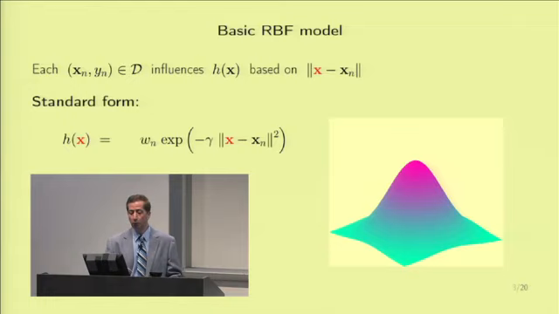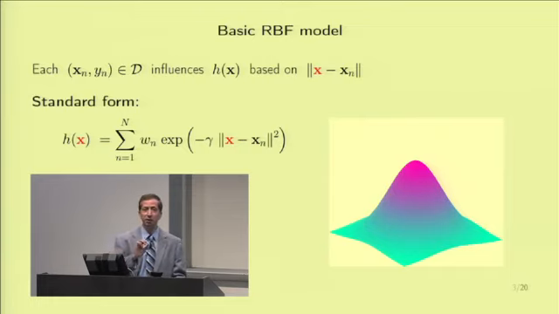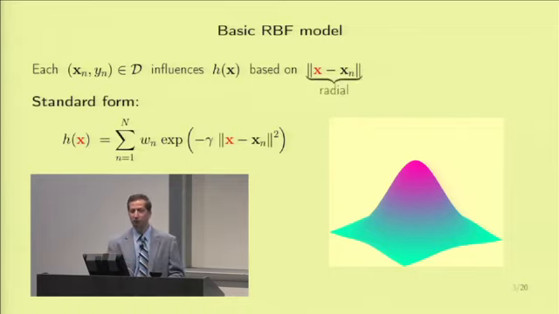And then we will sum up all of these influences from all the data points, and you have your model. Okay? So this is the standard model for radial basis function. Now, let me, in terms of this slide, describe why it is called radial basis function. It's radial because of this.